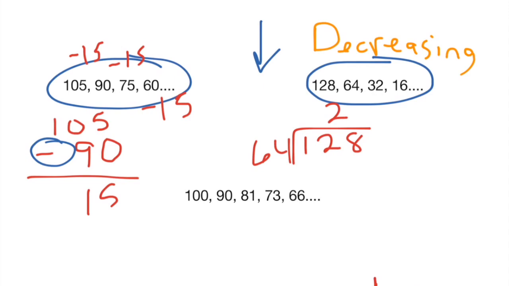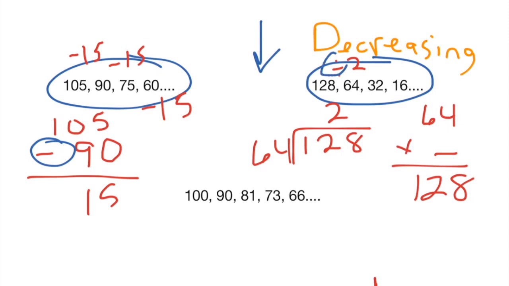Or you could say, wait a second, what would I have to multiply 64 by to get 128? There's a couple of different things you could look at there. So in this case, it's the opposite of multiplying by 2, which is going to be dividing by 2. And again, it's always a good idea to make sure that it works in every spot. So when we're going down really fast by a lot of numbers, usually division is what you're going to be looking for.